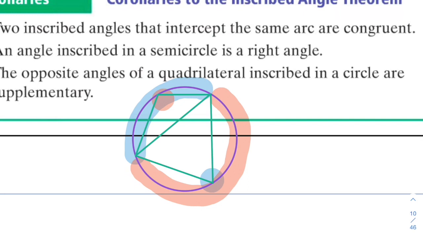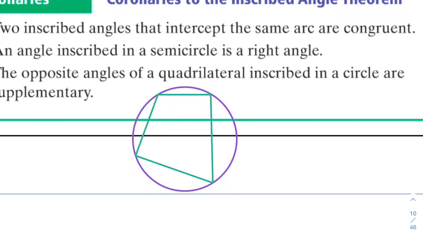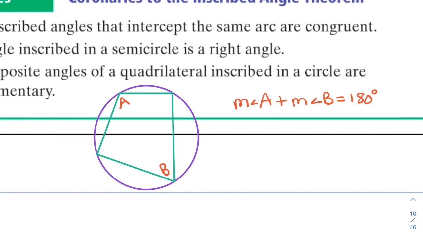It's saying that if I erase all of this junk here and this random quadrilateral, this angle A and this angle B have to add up to 180 degrees, just because I'm utilizing the entire arc around the entire circle, which is 360.